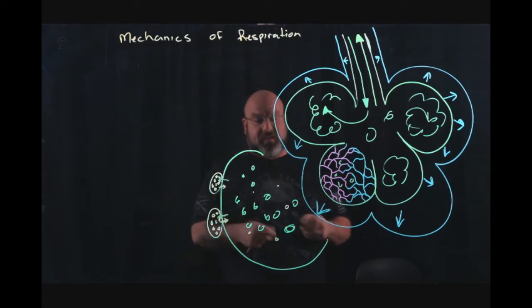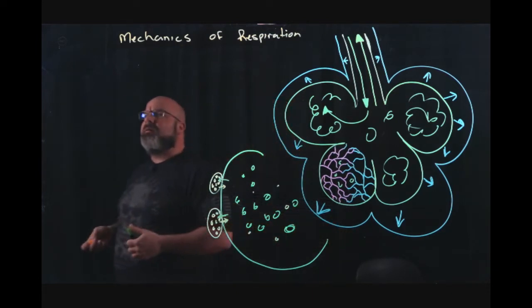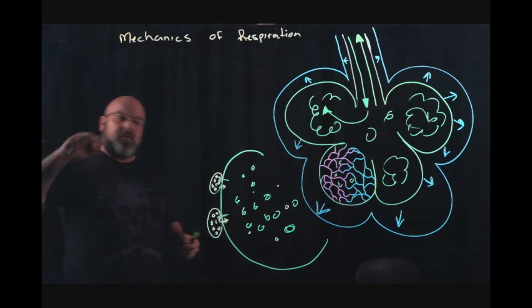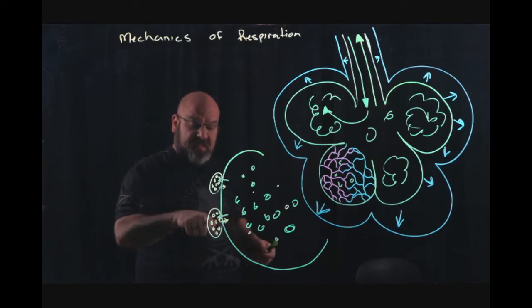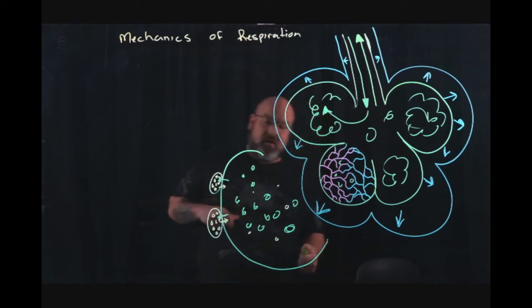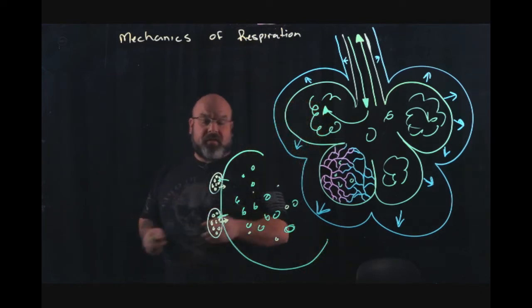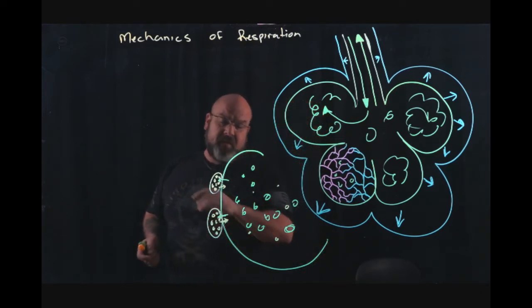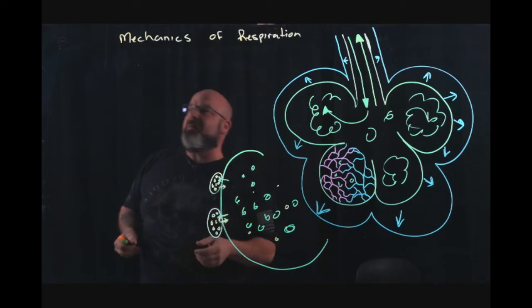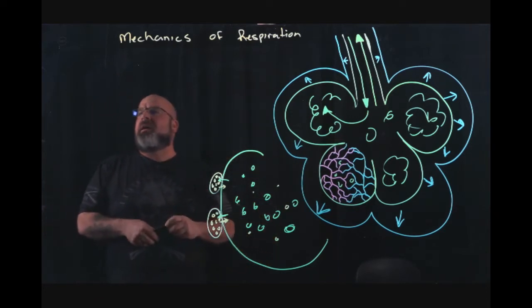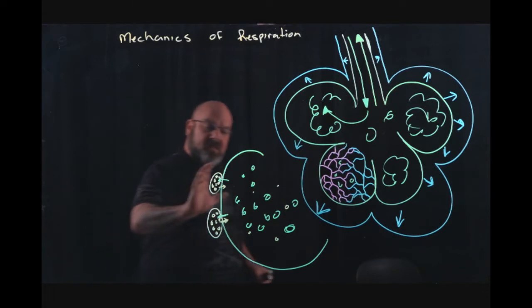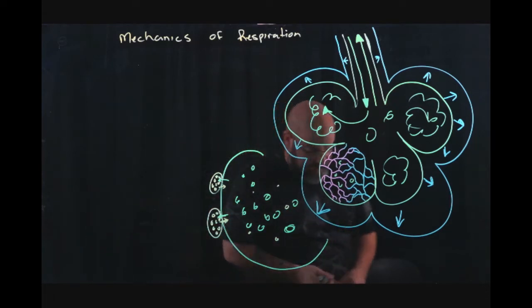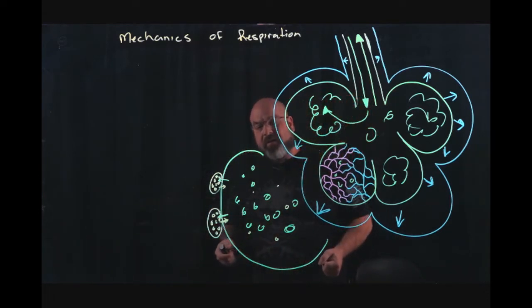So gas exchange is happening as oxygen is attaching to red blood cells within the capillary, and the CO2 is diffusing from plasma. A little bit is probably on the hemoglobin, not a whole lot. And it's all diffusing across the membrane from higher concentration to lower concentration.